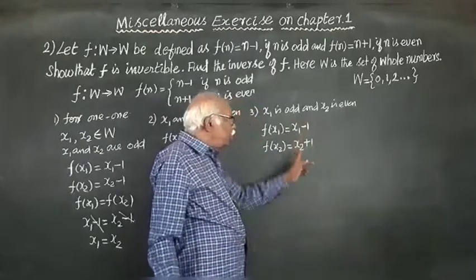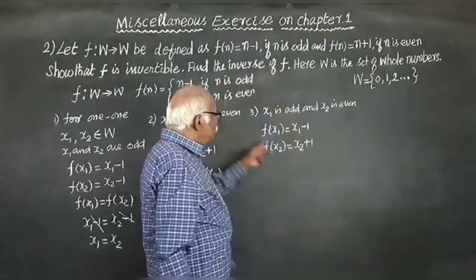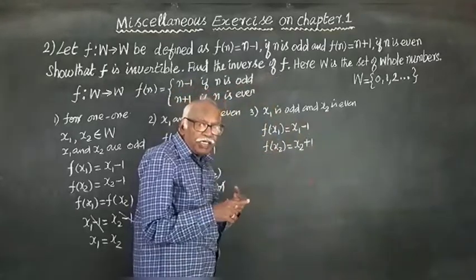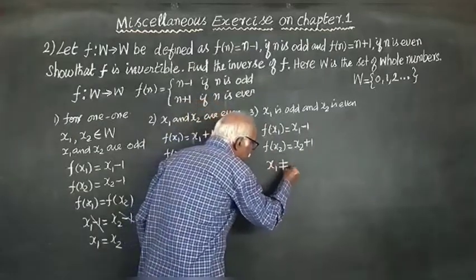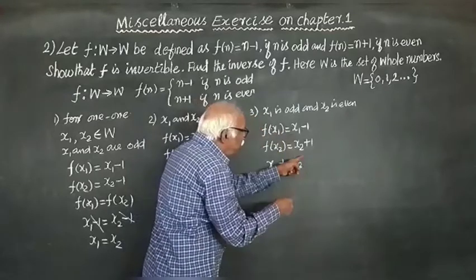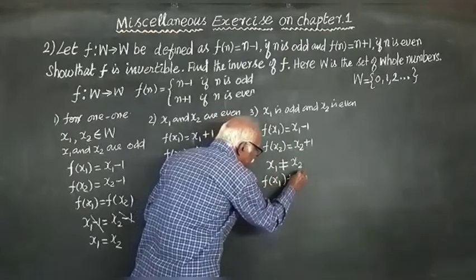Why is f of x2 equal to x2 plus 1? Because for even, it is n plus 1. Here, an even number is never equal to an odd number. Therefore, x1 not equal to x2, and f of x1 is not equal to f of x2.